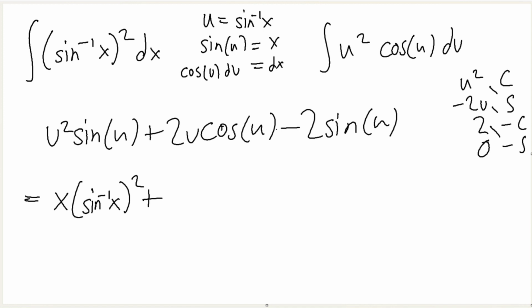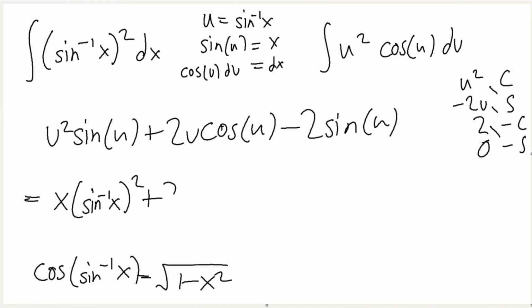So cosine, if you remember from our past video, cosine of inverse sine of x is equal to square root of 1 minus x squared. So this is 2 times square root of 1 minus x squared, because the cosine of inverse sine here, u is inverse sine of x, and then minus 2 sine of u, that's 2x, plus c.